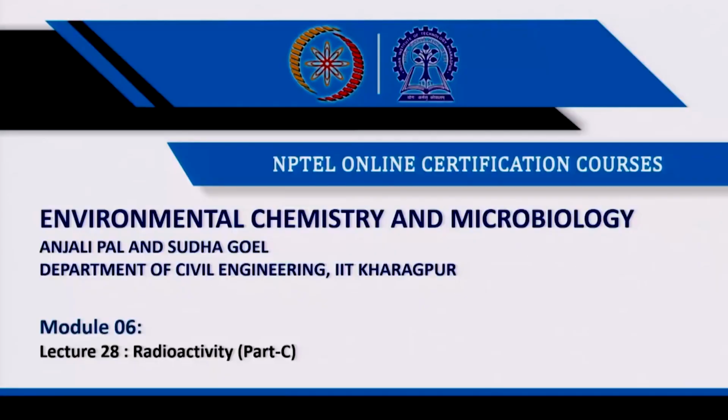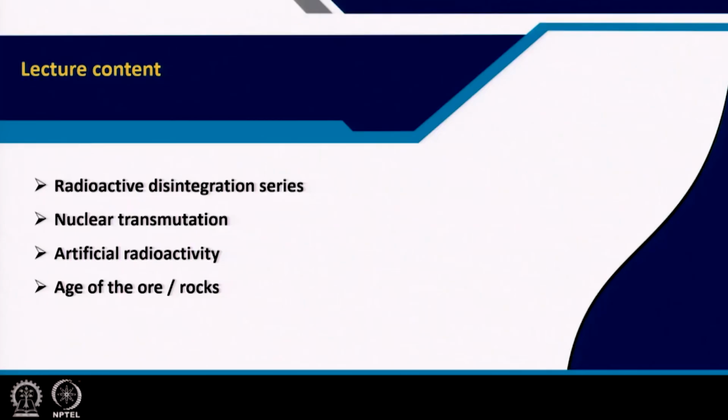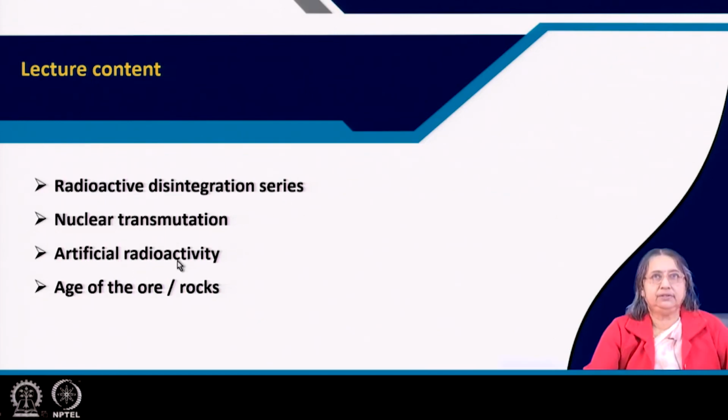As you can see here, in my previous two lectures, I have discussed the fundamentals of radioactivity, and in this lecture, I will cover the following topics. The lecture content is shown here: a radioactive disintegration series, nuclear transmutation, artificial radioactivity, and age of the ore or rocks I will discuss.